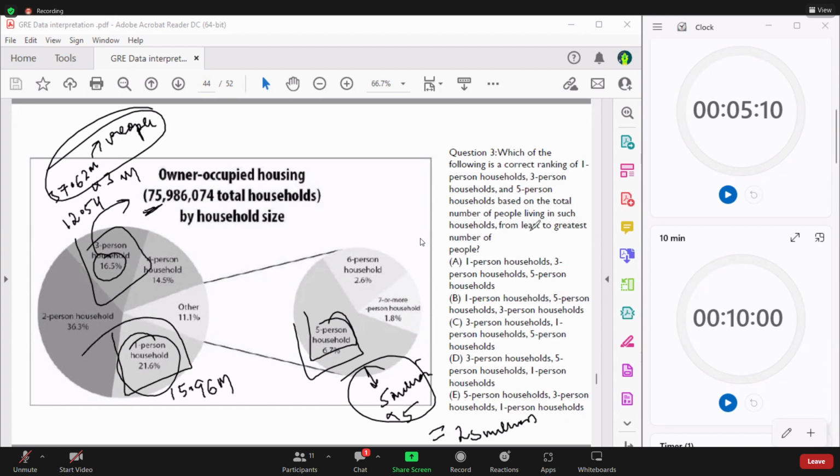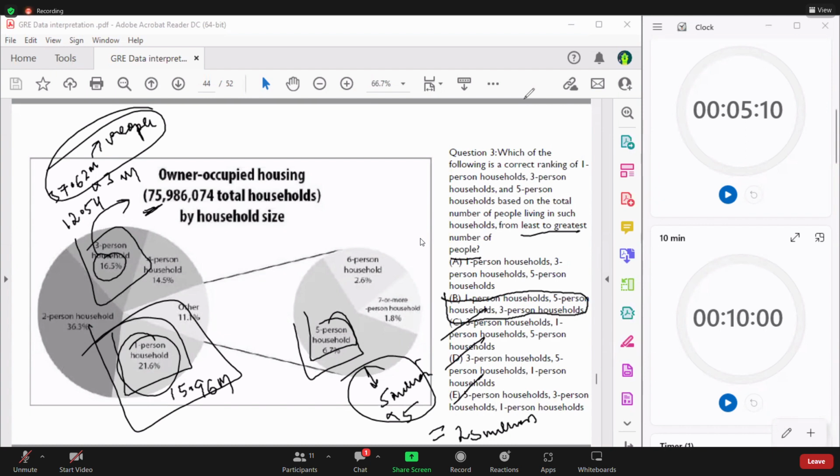And it is asking us to range it from least to greatest. So the least is 1-person households. So this is out of the picture. So least is 1, then there is 5, and then there is 3. So option B applies. Sir, won't the least be 5?